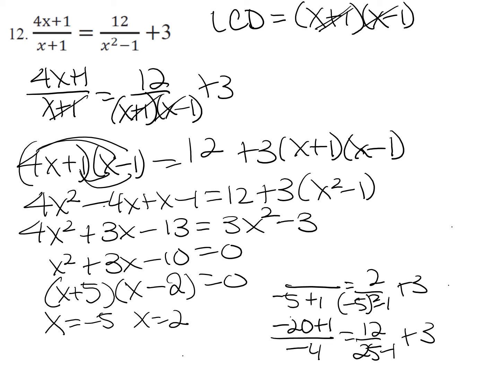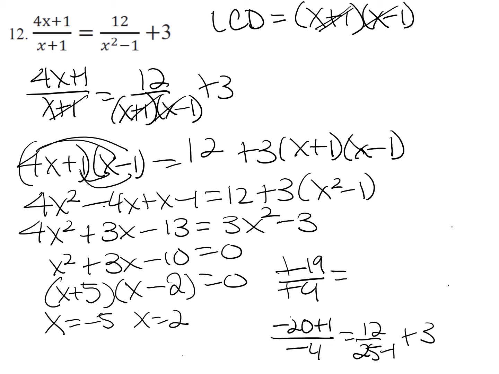Okay, I have to clean up a little bit. Negative 19 over negative 4, which would make that a positive, equals 12 over 24. Ooh, that is not looking right.